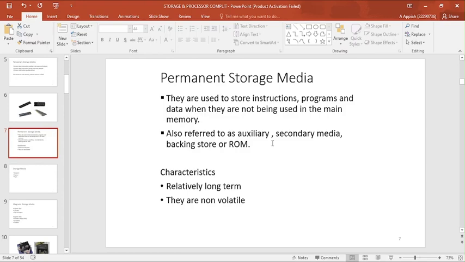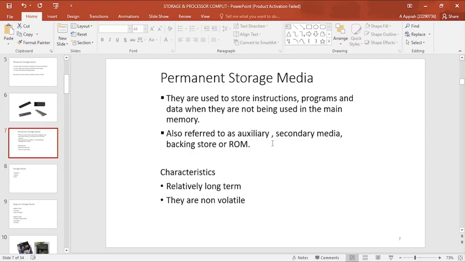So when we say permanent storage media, what are you referring to? So these are those that store instructions or data or programs when they are not being used in the main memory.